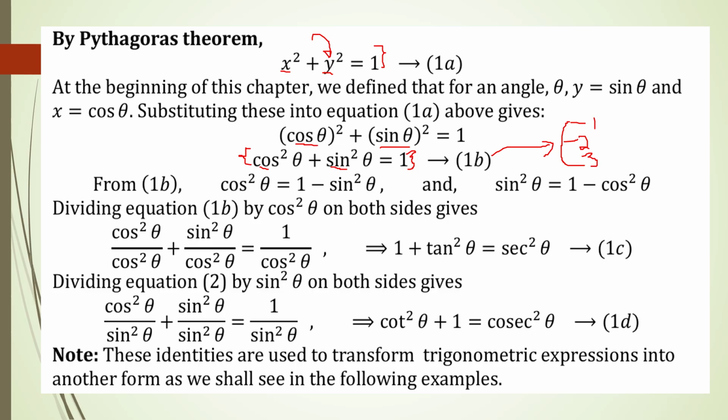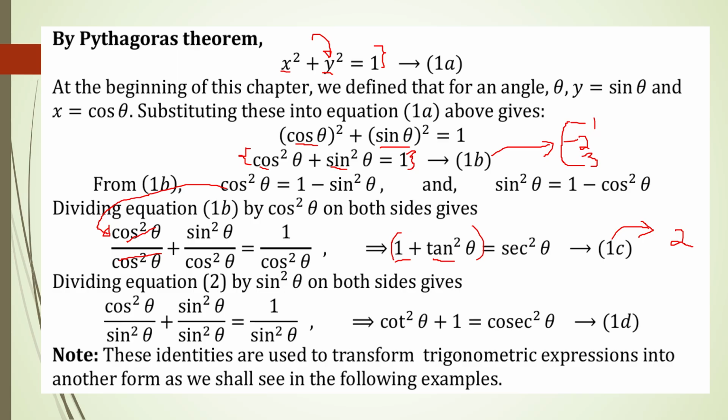If we take the first identity and divide throughout by cos squared theta, the cos squared and the cos squared will go and we get 1. Sine squared theta divided by cos squared theta is the same as tan squared theta. And 1 divided by cos squared theta, in the previous video we said the reciprocal of cos is sec. So 1 plus tan squared theta is going to be the same as sec squared theta. Now this is going to be our identity number 2.